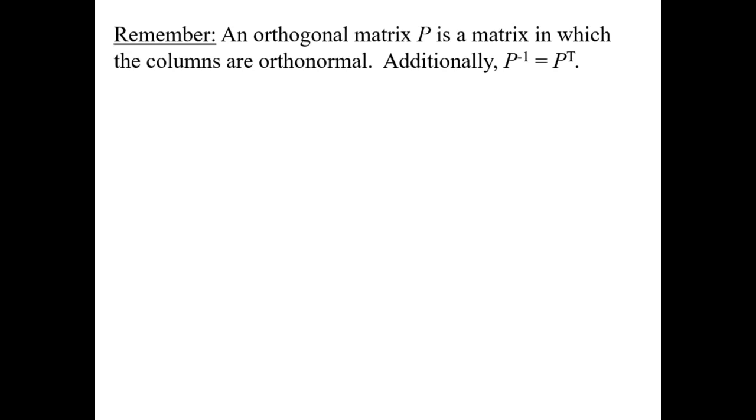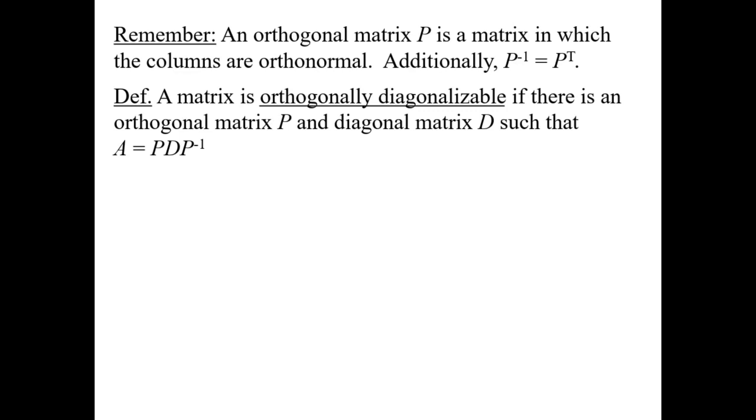So orthonormal means all the vectors are orthogonal to each other and all the vectors are unit vectors. Also, we found that if we have an orthogonal matrix, the inverse matrix is the same as its transpose. It was really easy to find an inverse matrix for an orthogonal matrix. All you have to do is find its transpose.